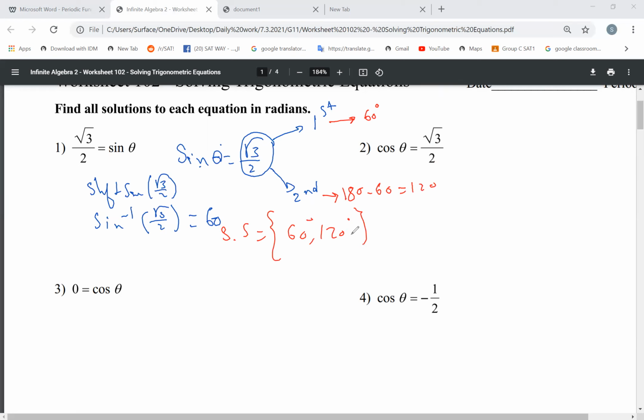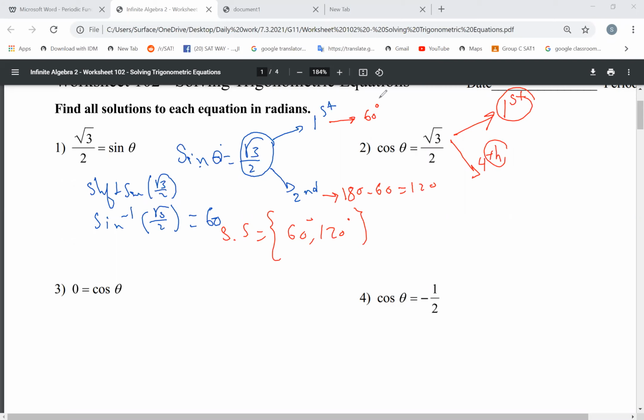Okay. Number 2, cosine is root 3 over 2. Then the angle 30. Cosine is positive in the first quadrant, or in the fourth quadrant. Shift cosine of root 3 over 2 equals 30. Check in the calculator, please.